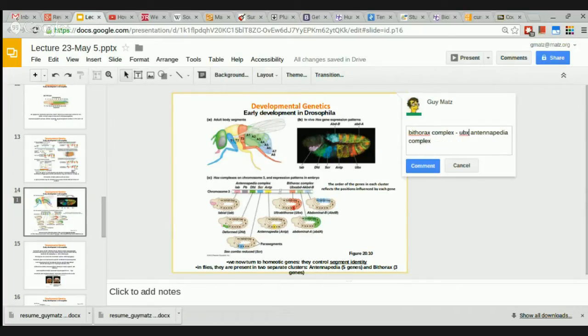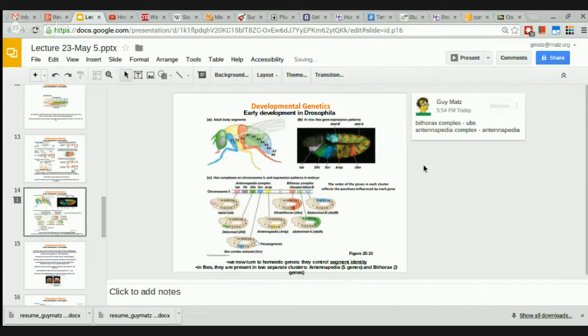Briefly, I explained UBX essentially represses the formation of appendages. It's in low concentration in T3, so there is an appendage there, the haltere. In T2, you have wings. There's very, very little UBX, and there's no UBX in the head, so you have the antenna and the mouth structures.